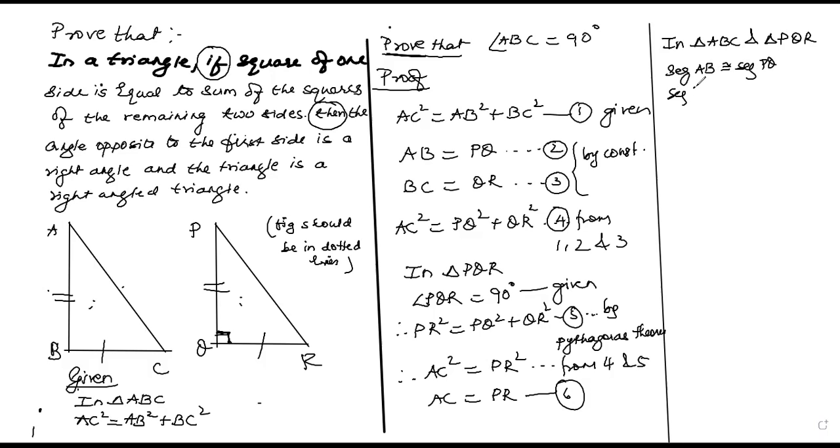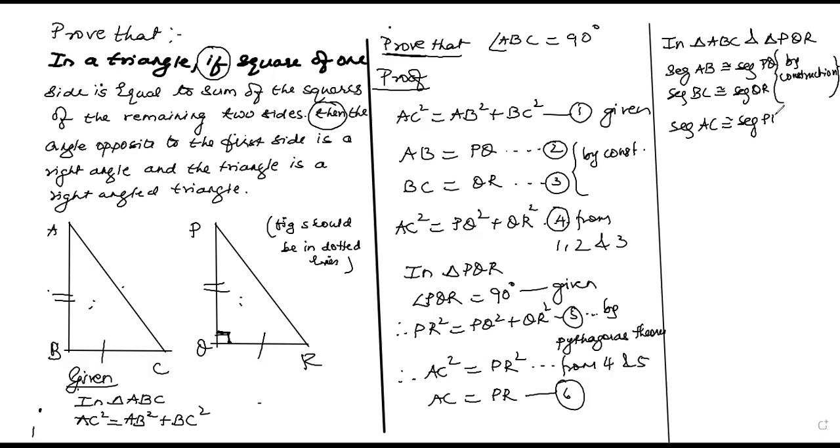Segment BC congruent segment QR by construction. These two have the reason by construction. But segment AC is congruent to segment PR.